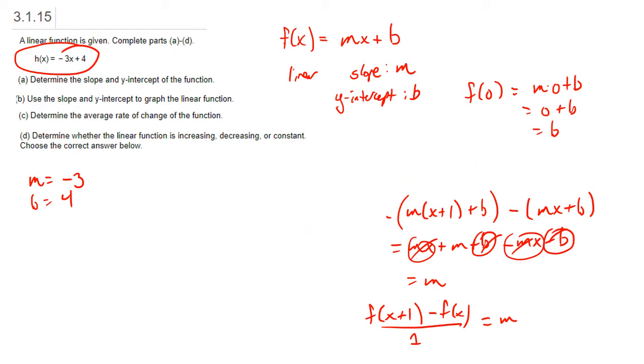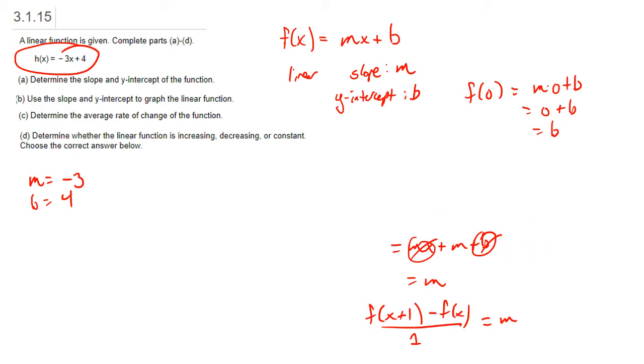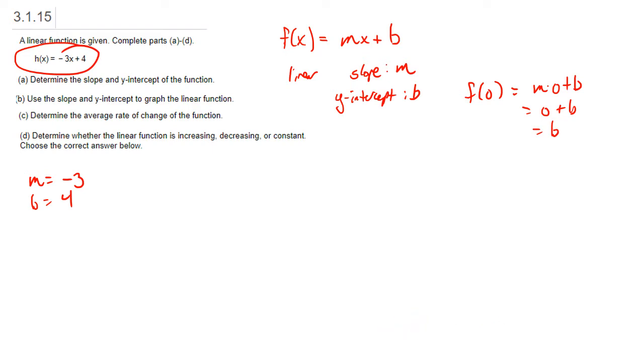So the way we do that, the slope, as the picture I drew earlier suggests, indicates how far up the function goes every time you move to the right by 1 unit. So in this case, we are going to go down 3 units every time we move right 1 unit. And the intercept tells me exactly if I plug in x equals 0, which is the y-axis, we get out a height of b, which in this case is 4.